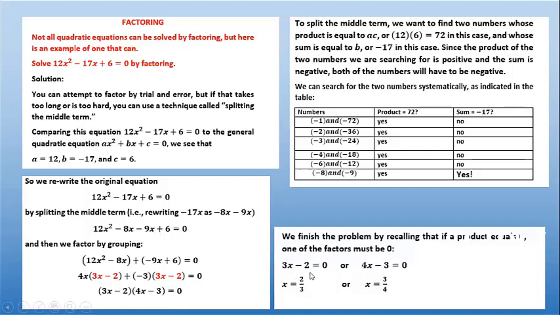If we set 3x minus 2 equal to 0, we get x is 2/3. If we set 4x minus 3 equal to 0, we get x is 3/4. So 2/3 and 3/4 are the two solutions to this particular quadratic equation. We've solved it by factoring.